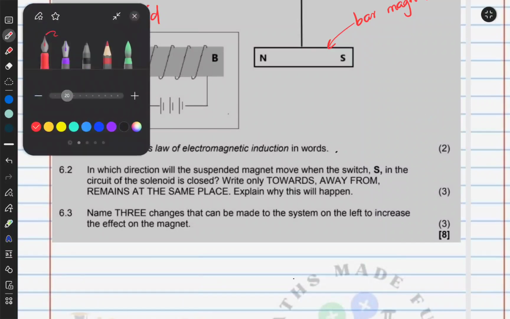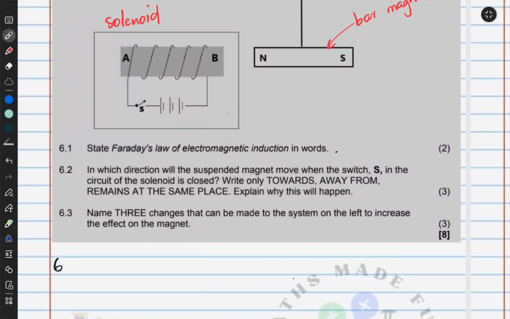If you remember, the basic idea of Faraday's law of electromagnetic induction is that if you have a conductor and a magnetic field, and you move one of the two, obviously you can't move the magnetic field, so you are moving the magnet, which is the one that produces the magnetic field, right?